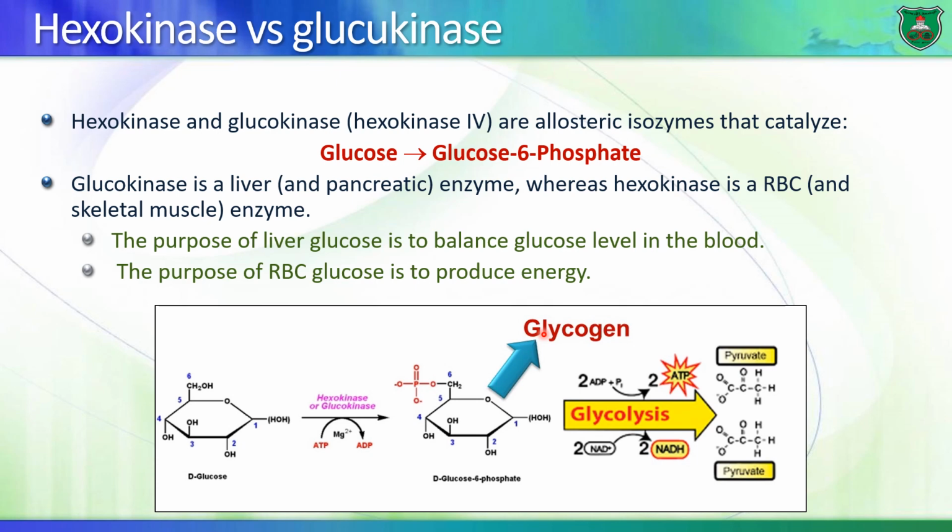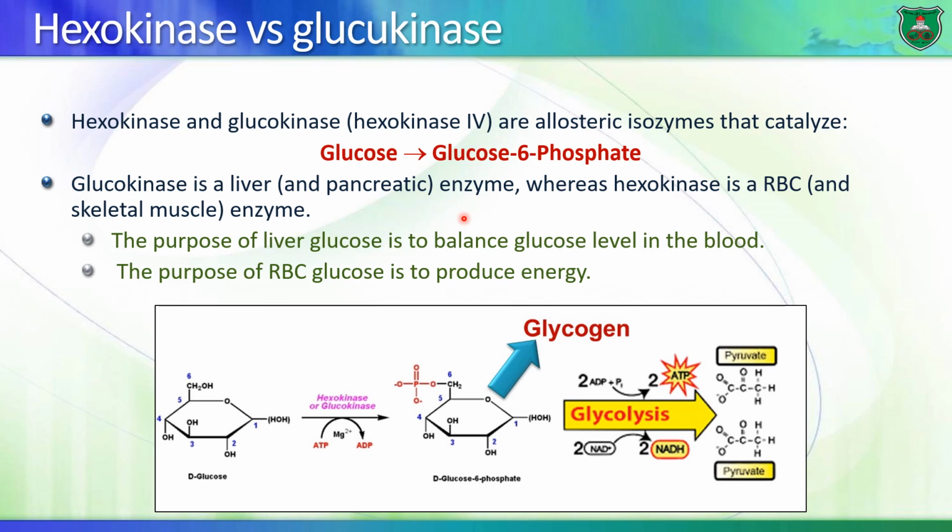It just happens that these enzymes, hexokinase and glucokinase, are present in different tissues, so they have different tissue distribution. Glucokinase is a liver and pancreatic enzyme. On the other hand, hexokinase is present in skeletal muscle and red blood cells. Remember that the purpose of liver glucose is to balance glucose level in the blood.